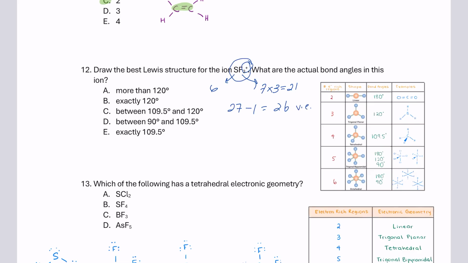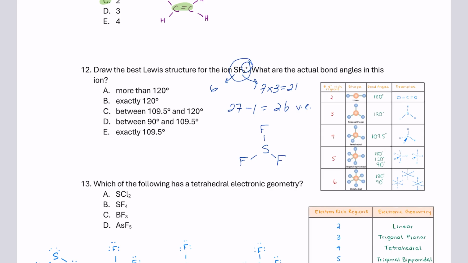Then we need to figure out what our central atom is. That's going to be sulfur because it's less electronegative than fluorine. The 3 fluorine atoms are going to surround this central atom, and we can form single bonds between each fluorine and the central sulfur. This accounts for 6 out of our 26 valence electrons.